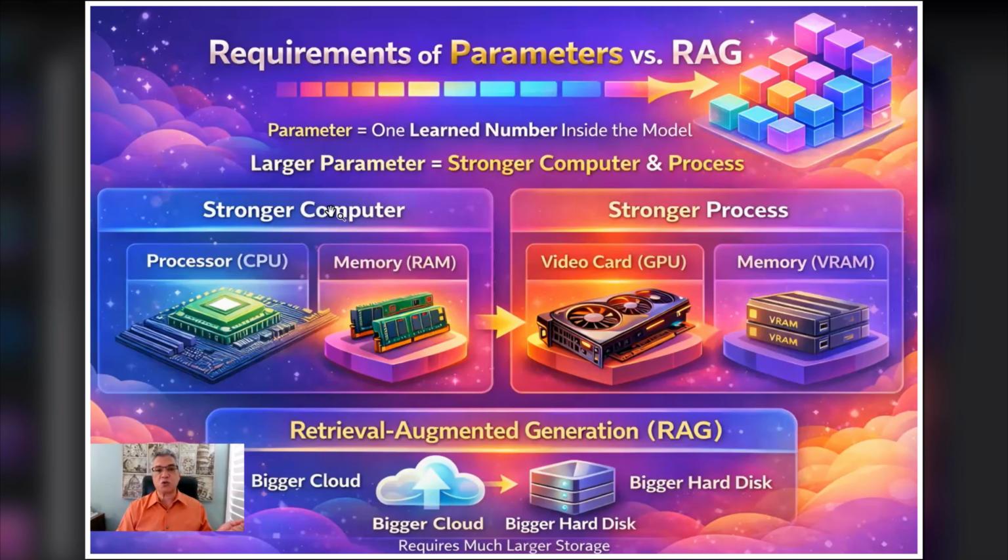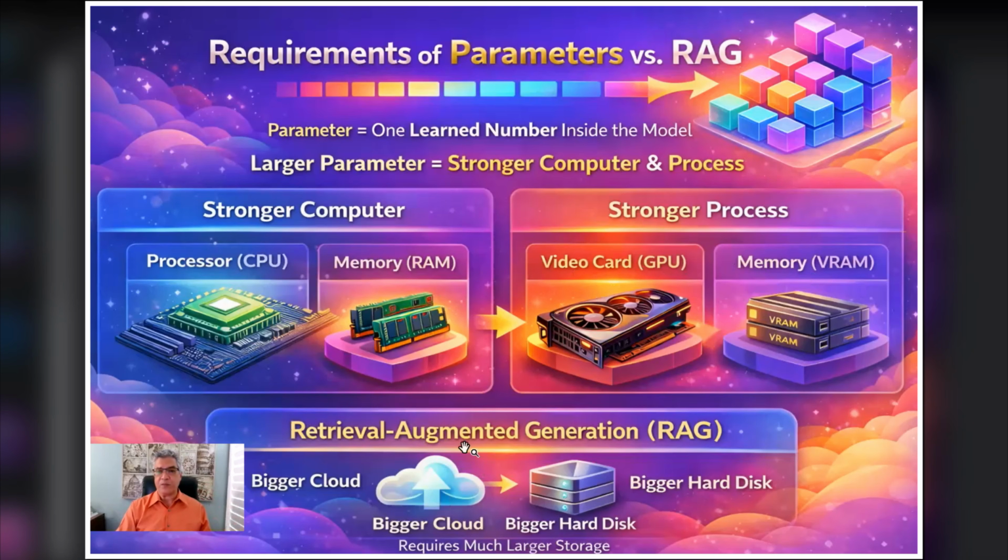Not only just the processor and the RAM, but you also have to think very deeply about the video card and the RAM of the video card. So the GPU and the VRAM too: you have to consider getting a very strong processor and a lot of RAM, and also a strong video card with a lot of RAM. That's when it comes to the parameter.